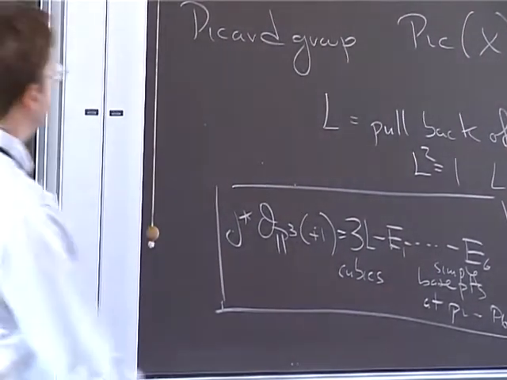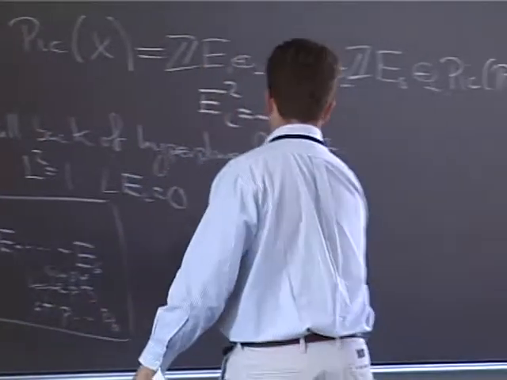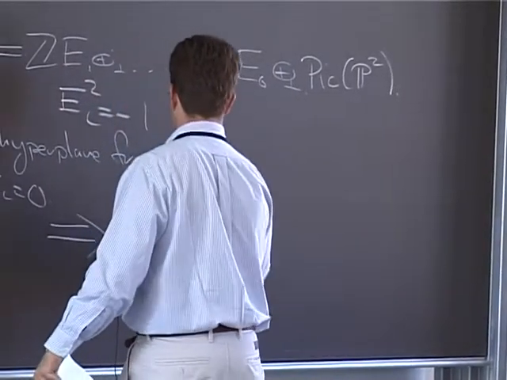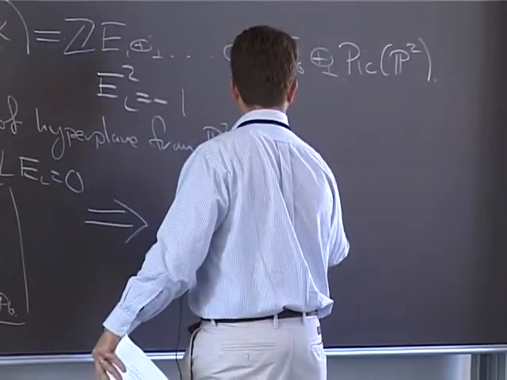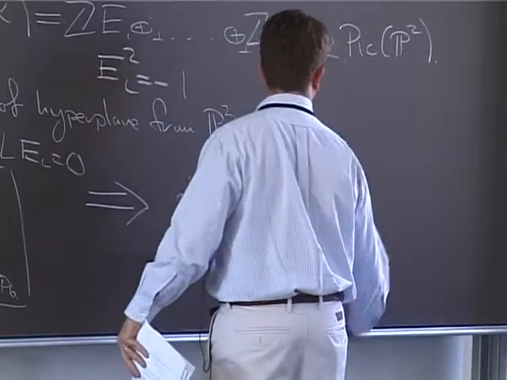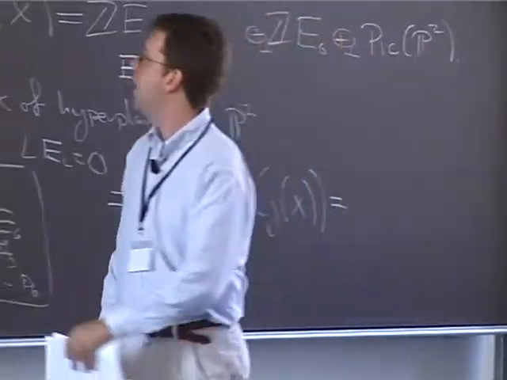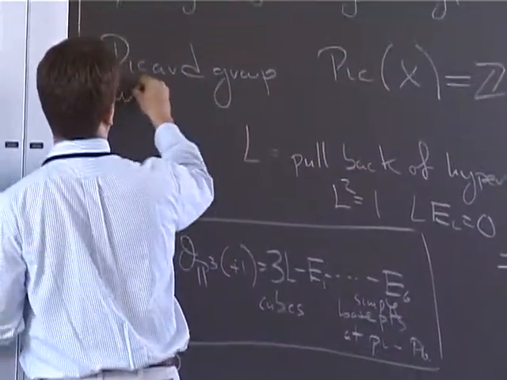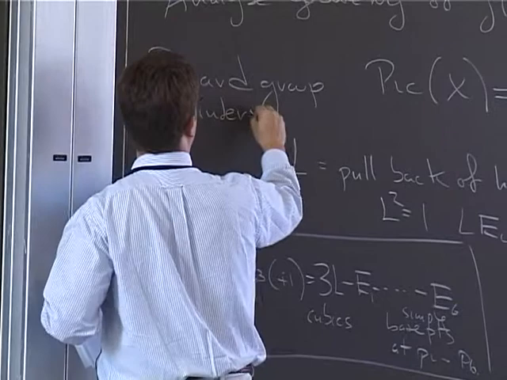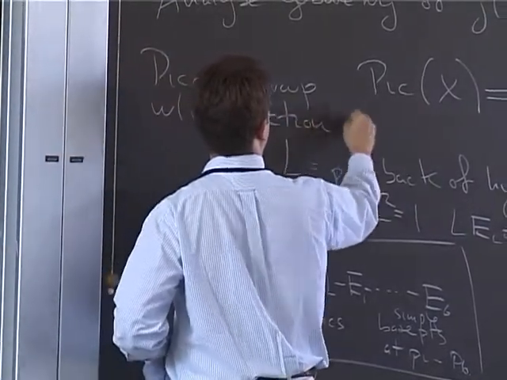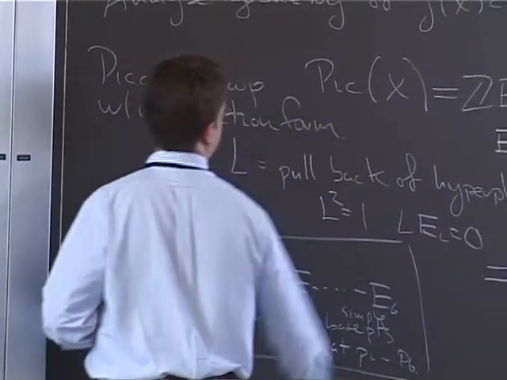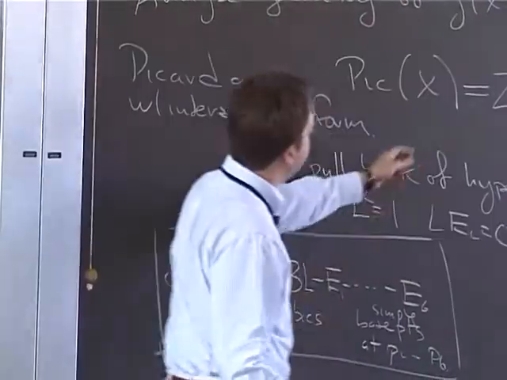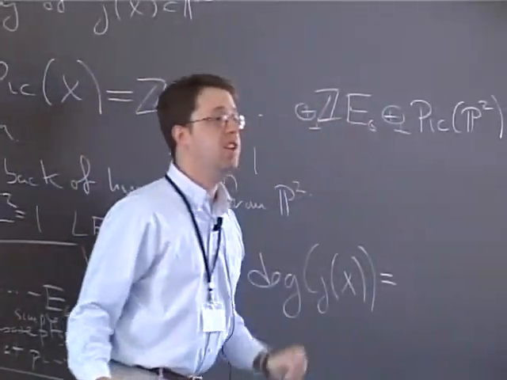So in particular, the degree of the image. Well, the Picard group always comes with an intersection form. And so here I mean the orthogonal direct sum with respect to the intersection form.